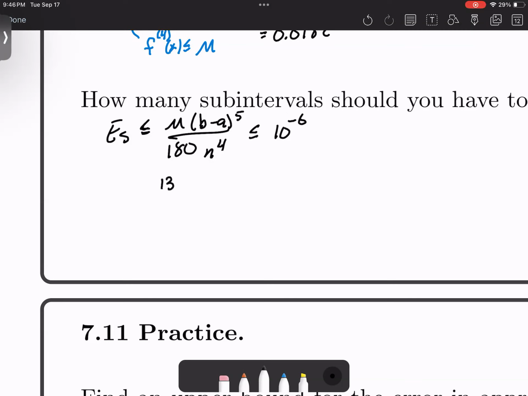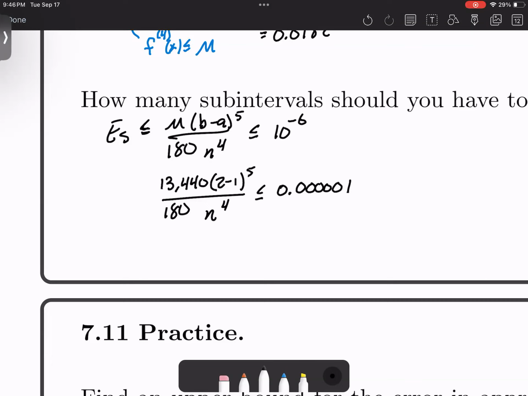That was 13,440 for this specific function. b minus a was 2 minus 1 to the fifth. We have the 180, but this time the n is unknown. That's what we're trying to figure out. How many subintervals should we use? And I want this to be at most 10 to the minus 6.